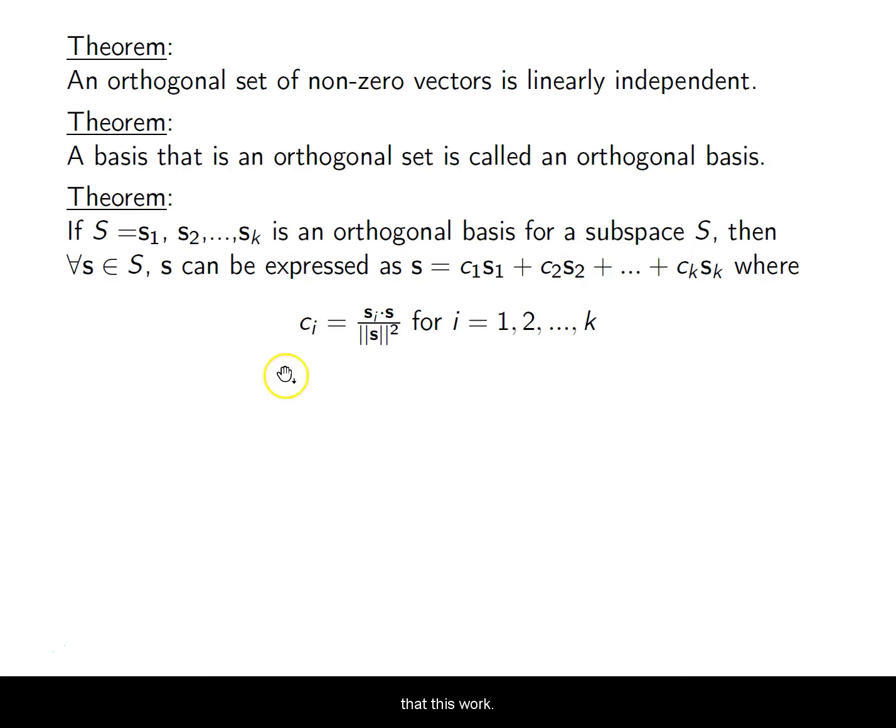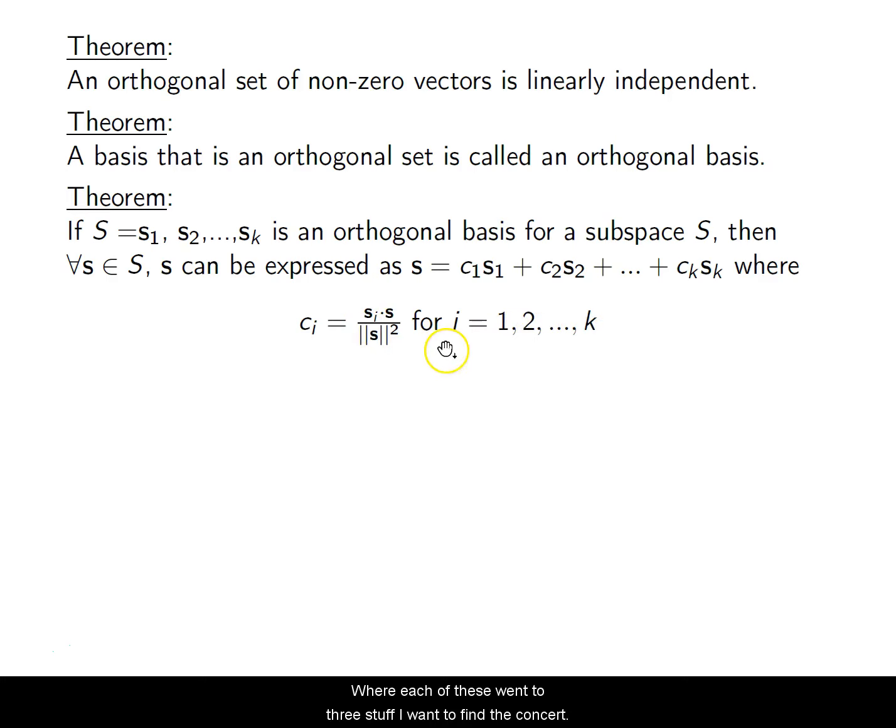The way this works is that each of my constant coefficients is the dot product of the vector S I'm trying to find with S_i, divided by the length of S_i squared.